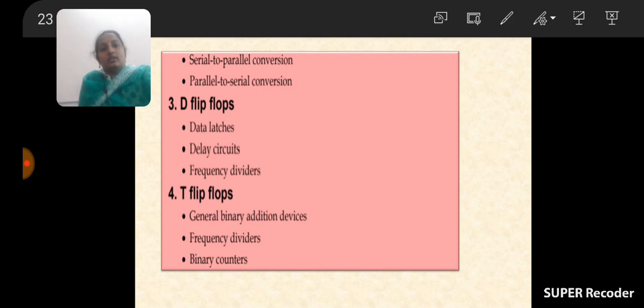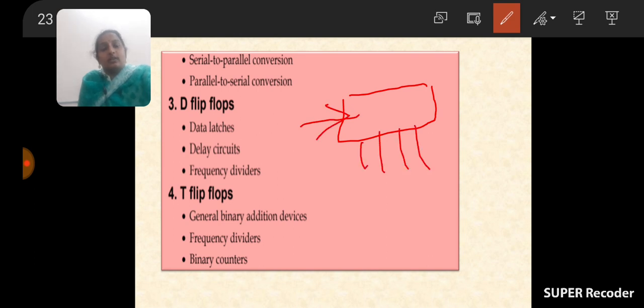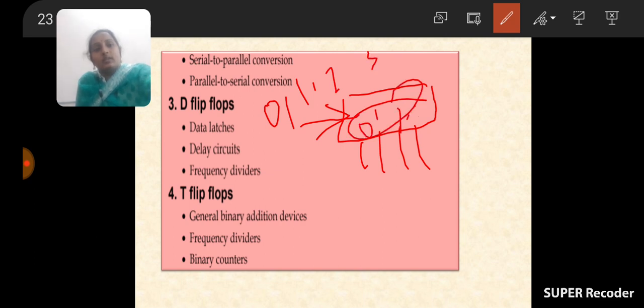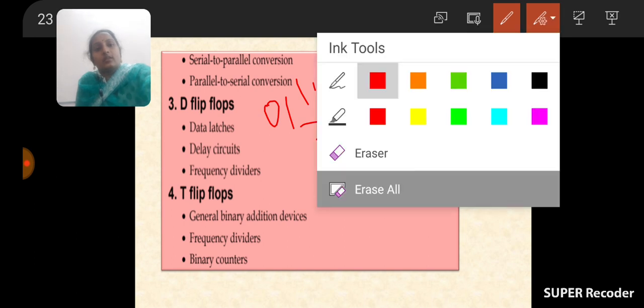See the symbol: serial to parallel receives the input in only one way, but the output must come out all at the same time. For example, if 4 bits are entered one by one like this, all these bits get out in one second only.